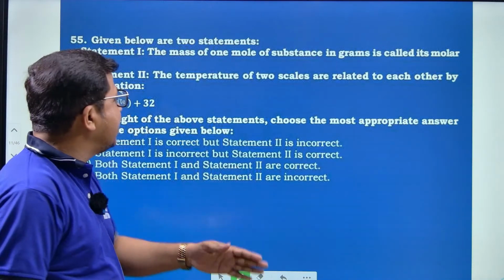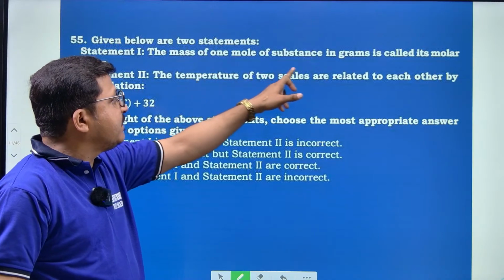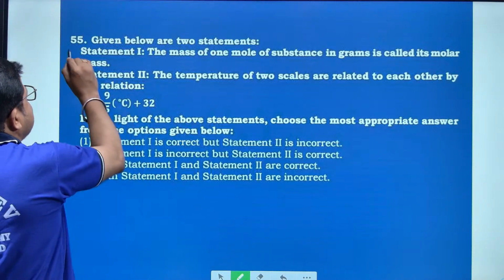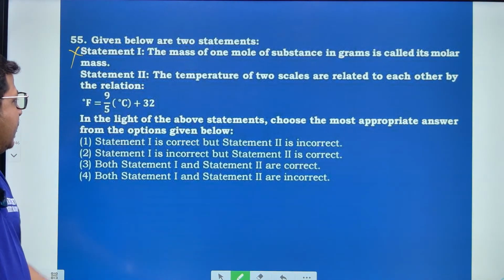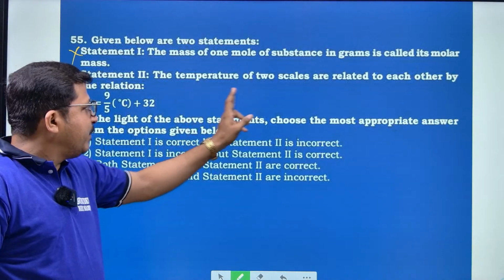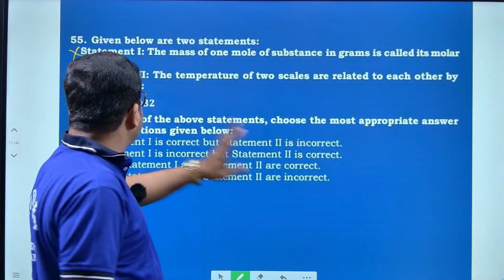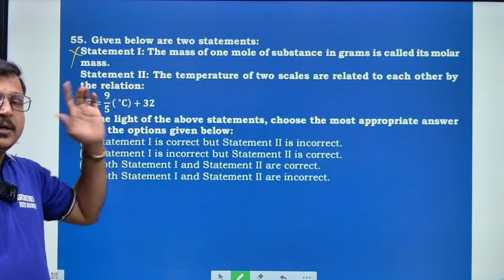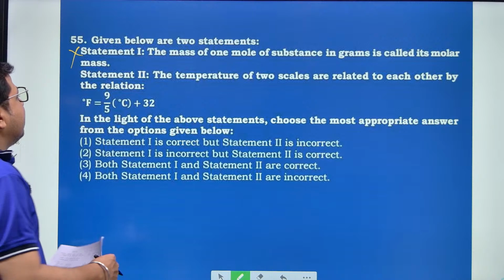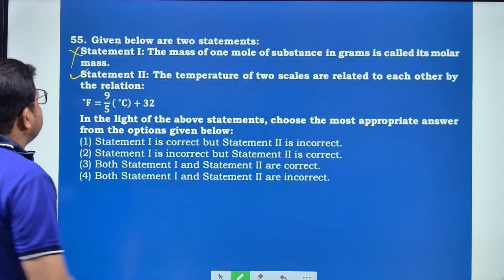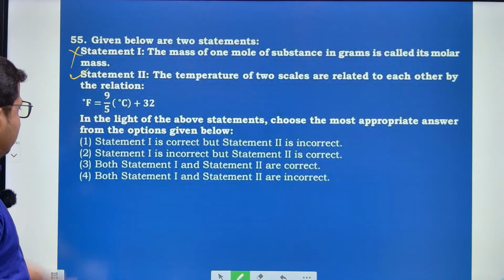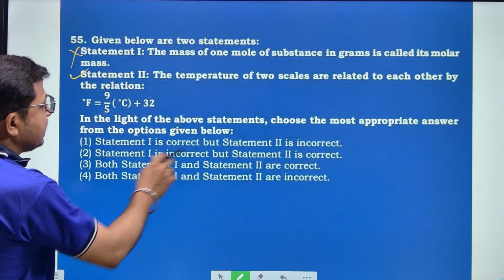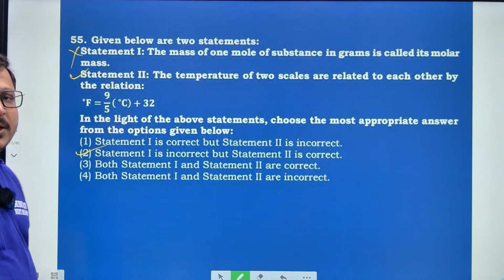But they have given the mass of 1 mole of substance in gram as molar mass. That is not correct, hence statement 1 is wrong. And statement 2, the temperature of two scales are related by F is equal to 9 by 5 degree Celsius plus 32. Hence statement 2 is right. So, 55 has statement 1 incorrect and statement 2 correct, option number 2.